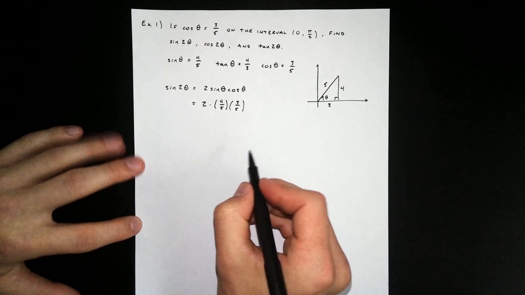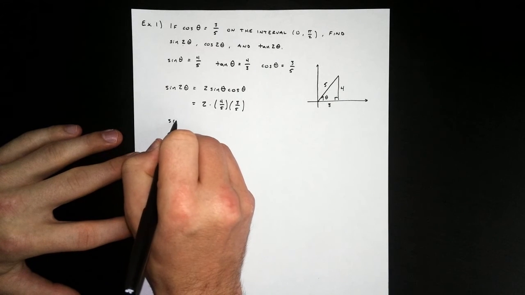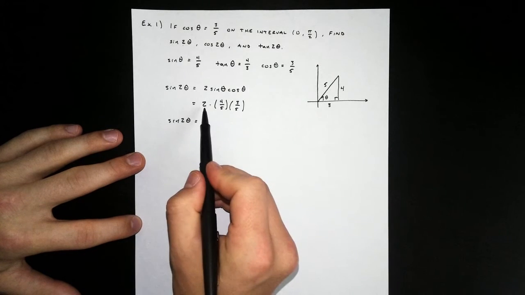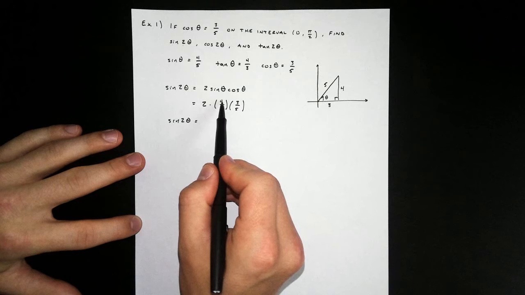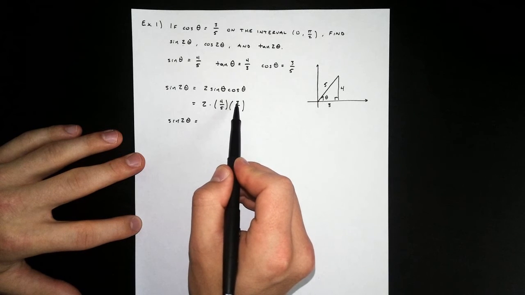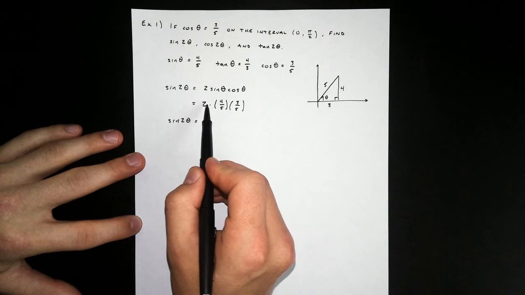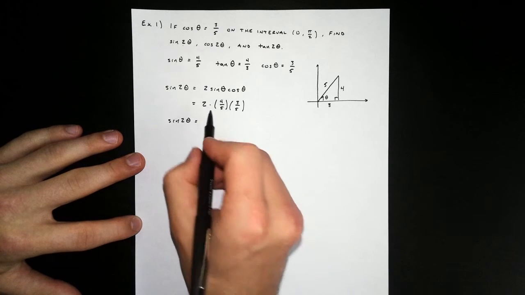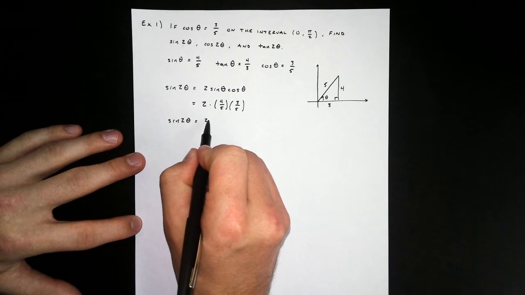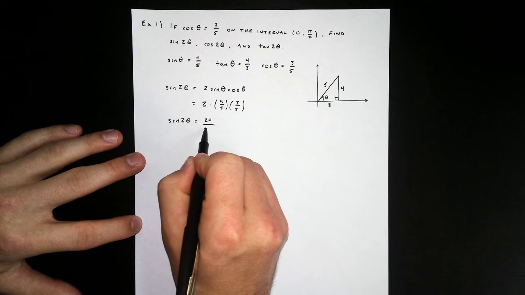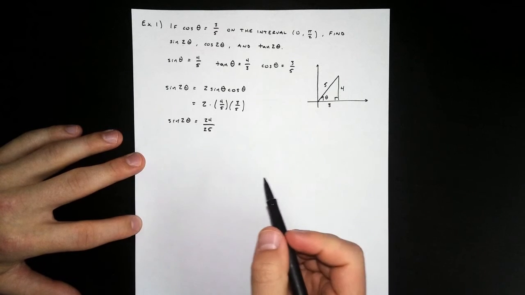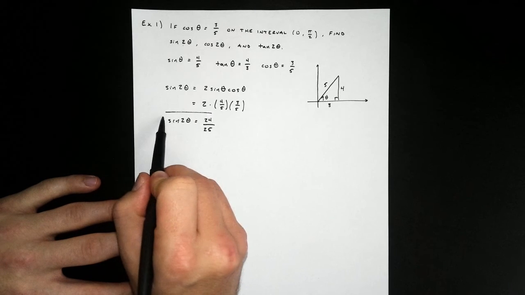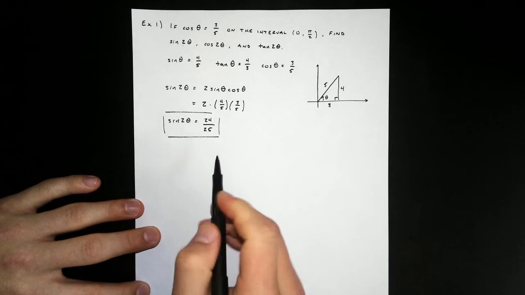And now we just have to multiply these together. That's going to give us the sine of 2 theta. 4 and 3 is 12 times 2, so it's going to be 24 in the numerator, and then the denominator, 5 times 5. So the sine of 2 theta is 24/25. Okay, so there's the first one.